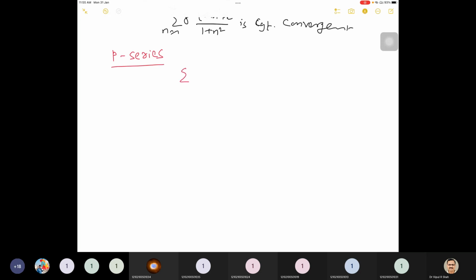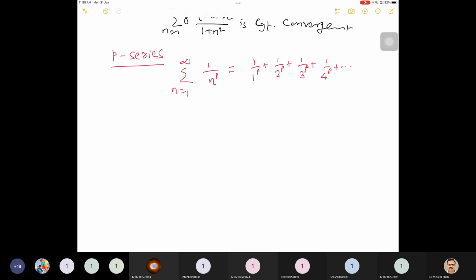If you have the series, sum n equal to 1 to infinity, 1 upon n power p, that means 1 over 1 power p, 2 power p, 3 power p, and so on, that is called the P series.